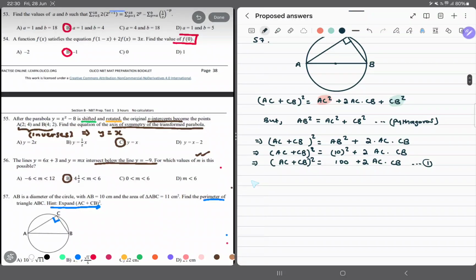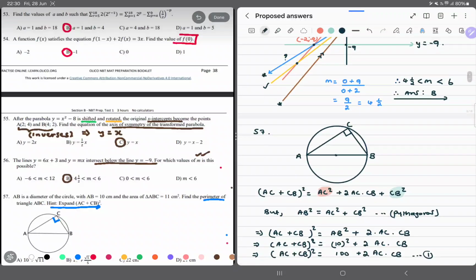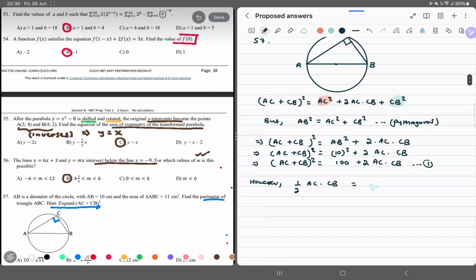Okay, so we know that, however, we were given that half of AC times CB, when we decide AC is the base of this triangle and this is the height, is equal to 11. So here we can multiply by 2 throughout, such that we get AC times CB is equal to 22.